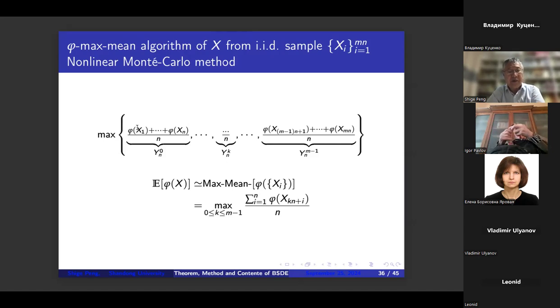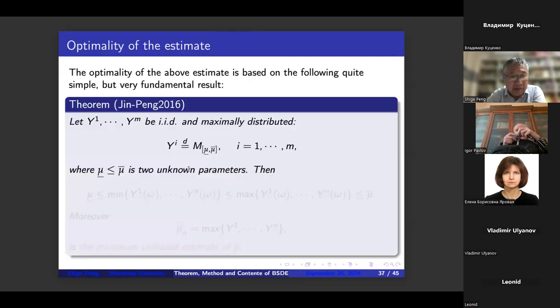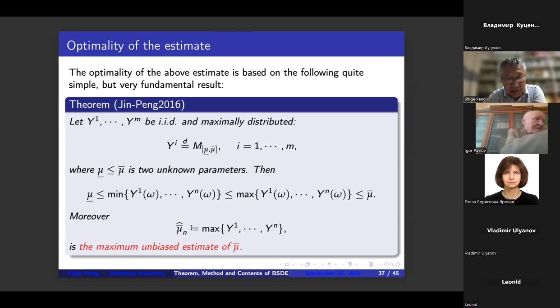Then we can use the very basic number to be the IID, because it tells us that if x1 to xm are IID and also maximally distributed, then we can estimate this mu upper bar of n by taking group 1 to group n and taking the maximum.